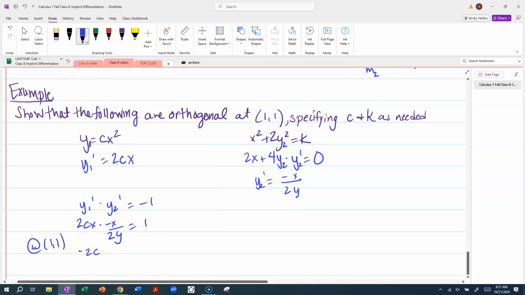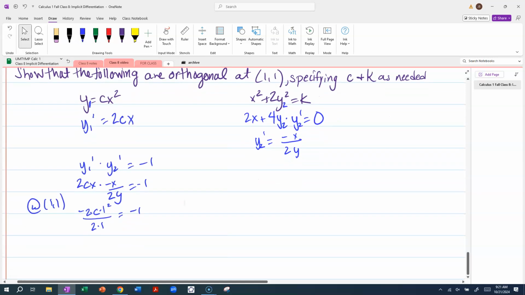Negative 2c, and then x squared, that would be 1 squared, over 2 times 1 equals, oops, that should be negative 1. Mathematically, the 2's would reduce, so I'd have negative c equals negative 1, so c should be equal to 1. Oh, that wasn't too hard. Okay, so there we go.